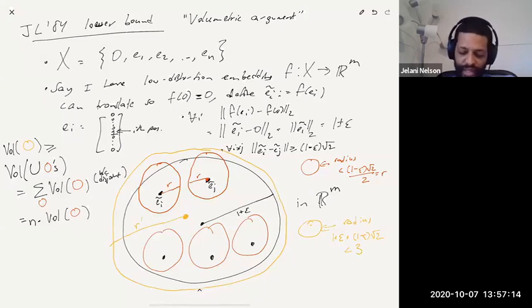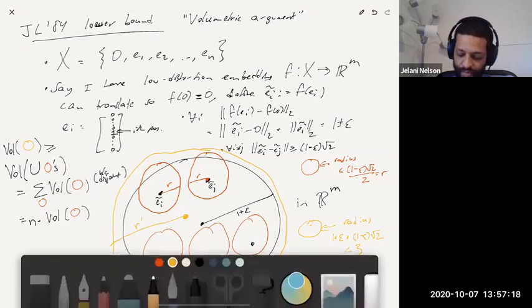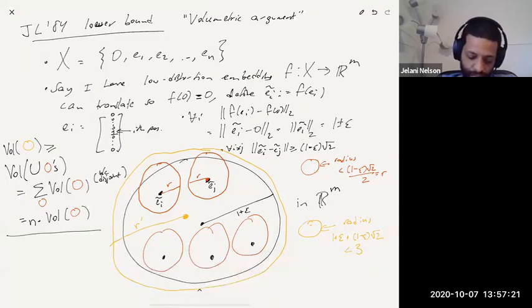So just rearranging things, what do I have? My inequality is that the volume of the yellow ball divided by the volume of the red ball is at least n.